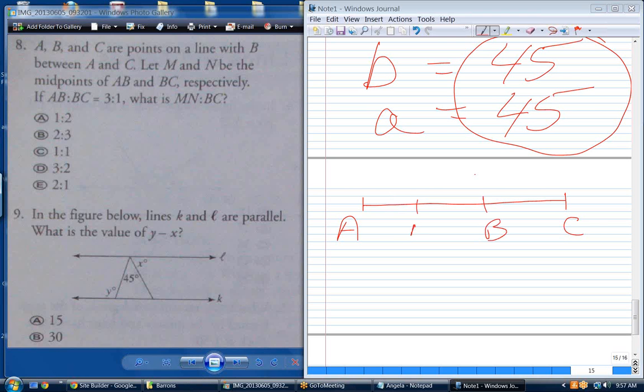So there's M, and there's N. If AB is to BC in a 3-to-1 ratio, what's the next step?